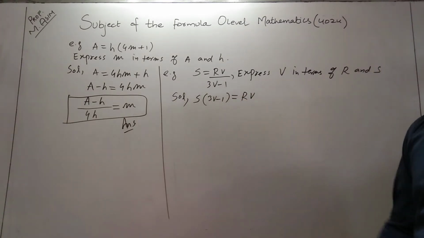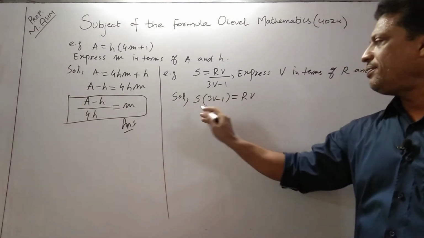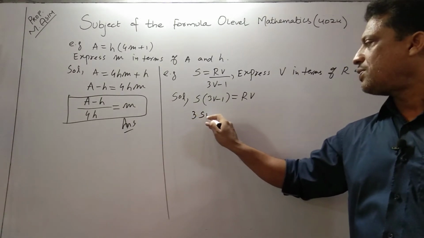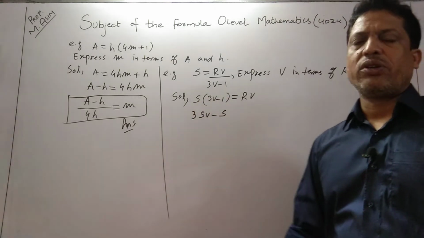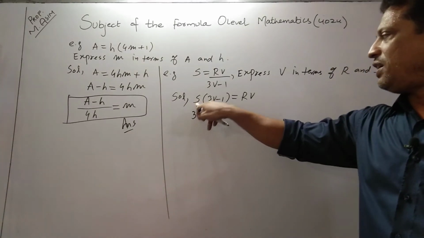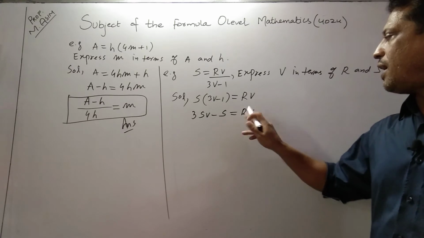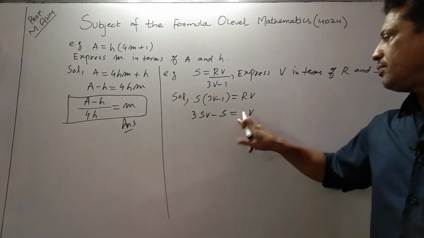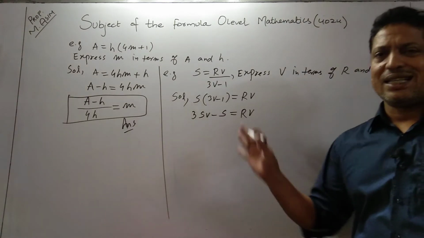Multiply S by 3V, it will become 3SV. Multiply S by 1 is S, because something multiplied by 1 is always something. Hence, 3SV minus S is equals to RV. Now, collect all V's aside.